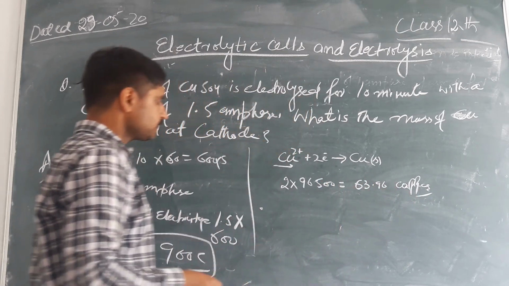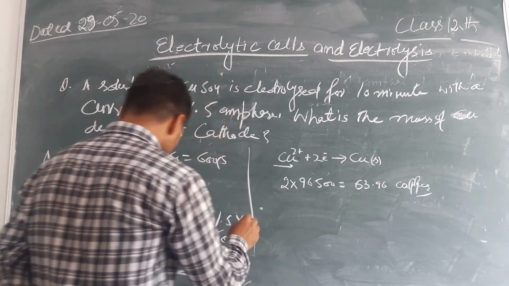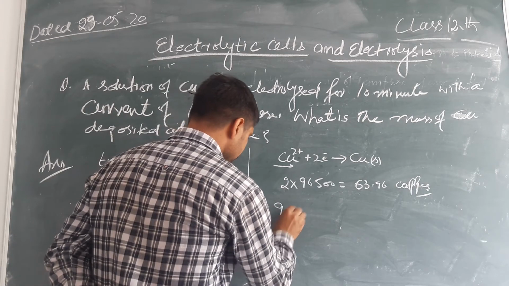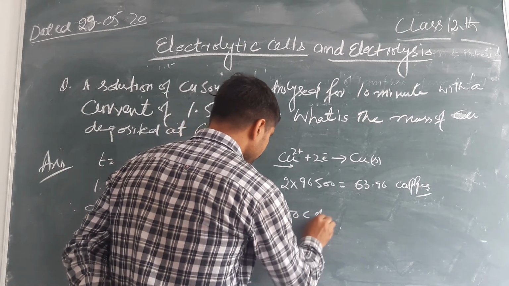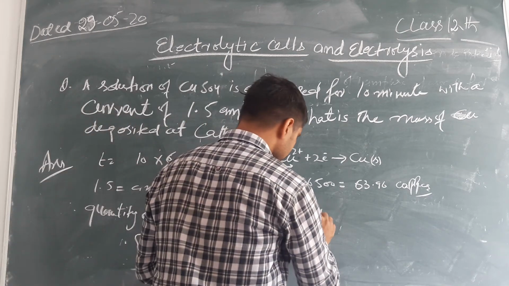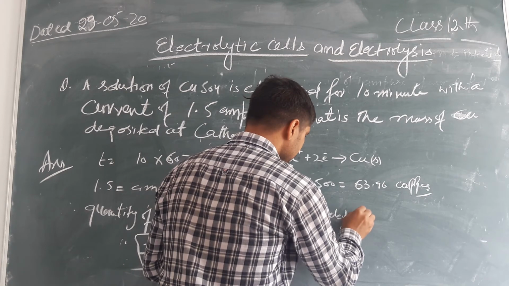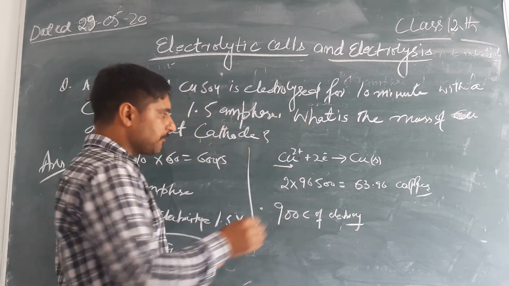Now the question is, how much copper can 900 coulomb of electricity deposit?